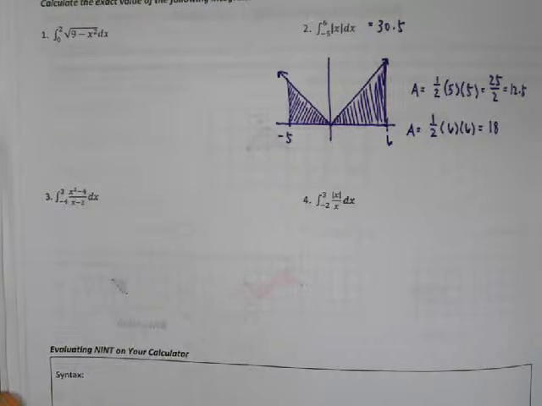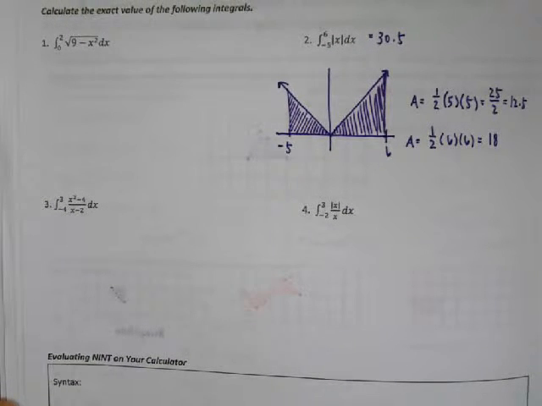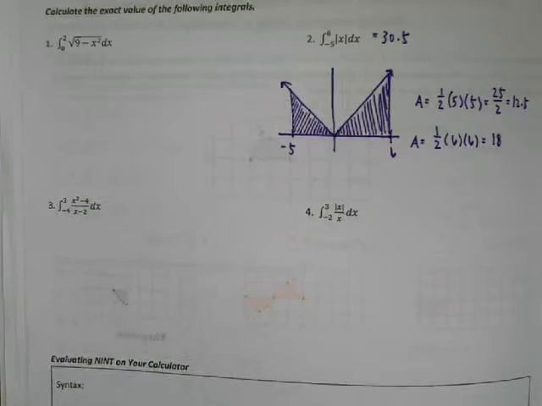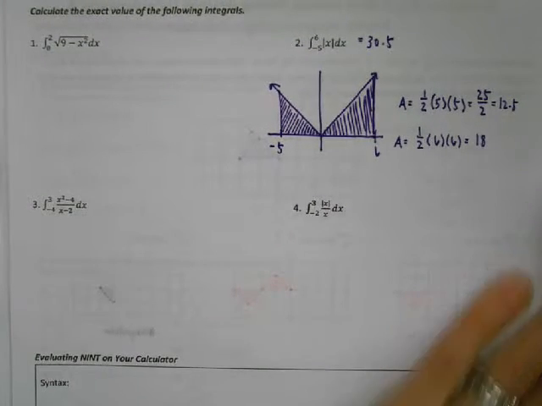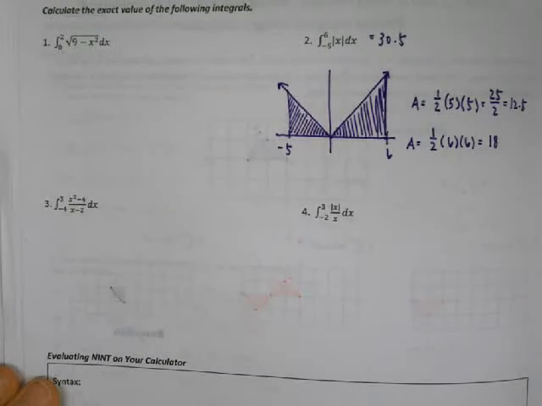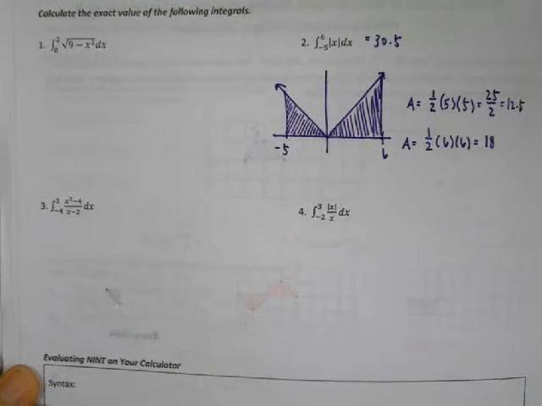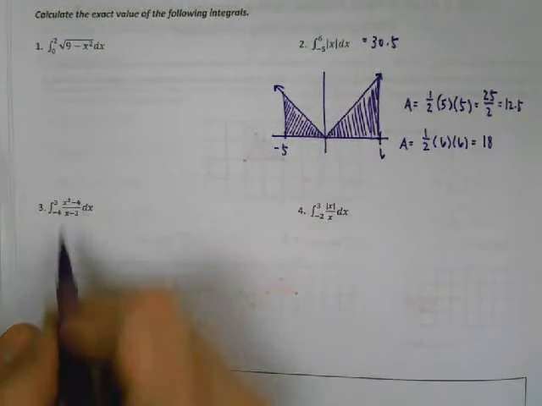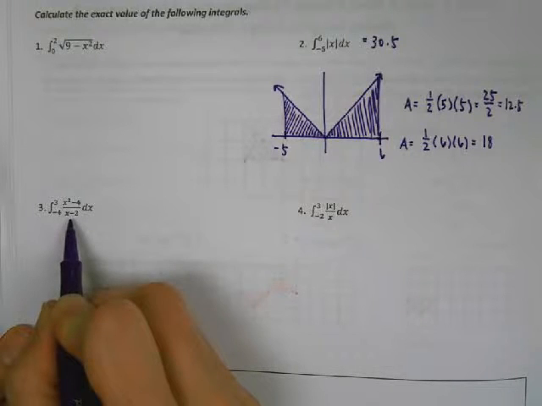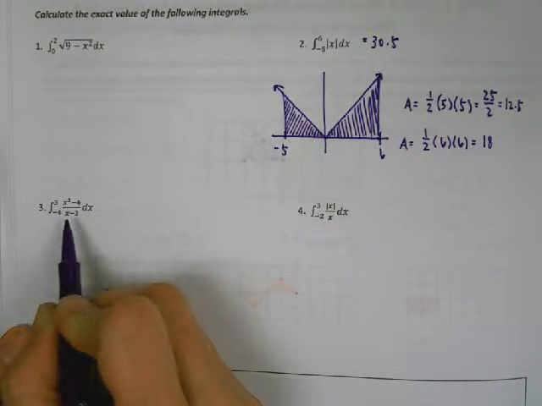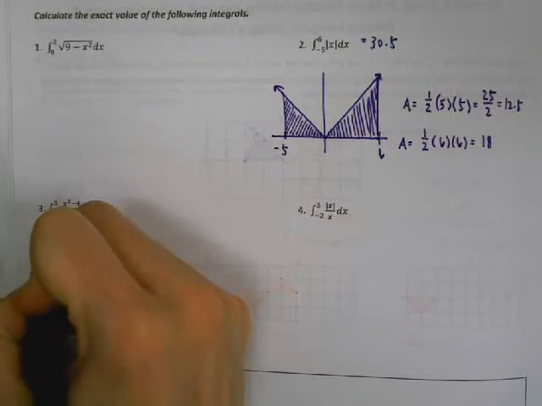All right, let's go ahead and look at one more. This is something we talked about the other day, about graphs that have discontinuities. And again, the idea here is that that discontinuity does not affect our ability to find the area using an integral, or in this case, using geometry formulas. So if I look at this function, I notice that there's a discontinuity at x equals 2. And so I'm going to take a look at this function.